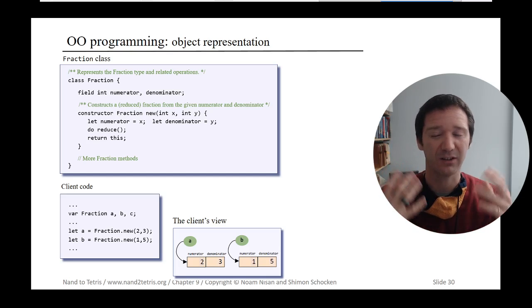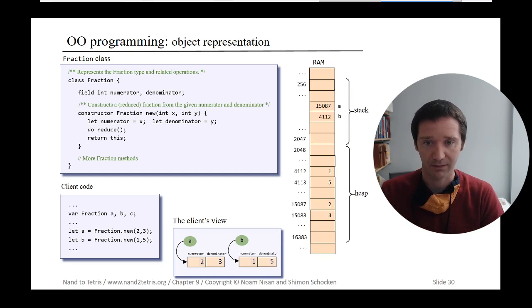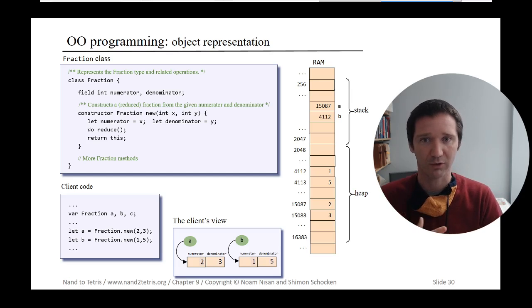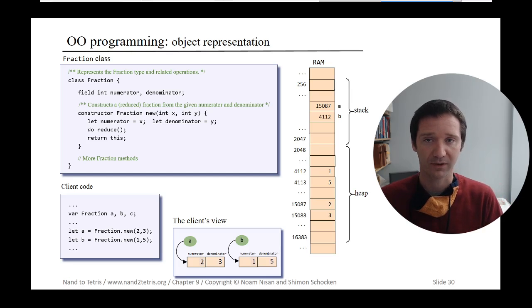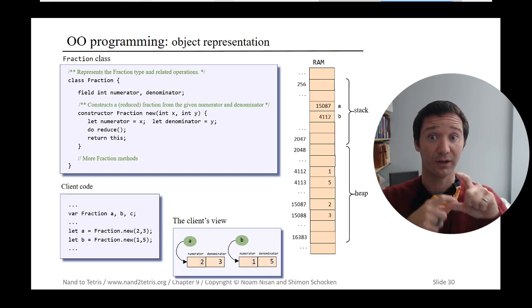Likewise, B is a reference to some fraction storing 1 and 5. Here's what that might look like somewhere in RAM. Of course, we have all of our registers, we have the stack, and we have this heap. The heap is where we store objects, their references, and the data we need for them. Objects are really just pointers to this collection of associated field variables.